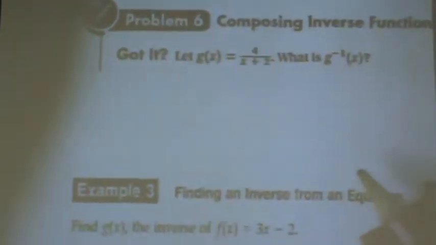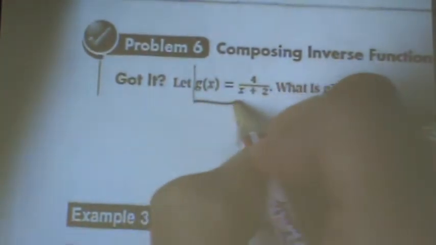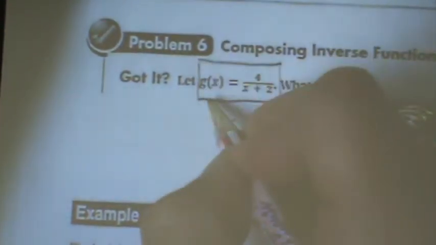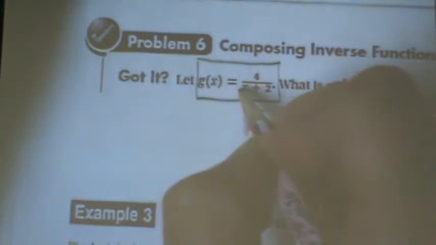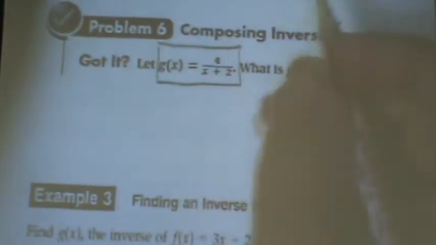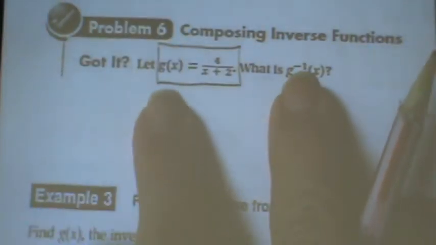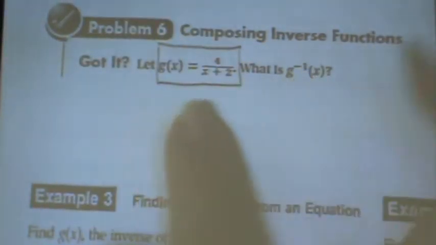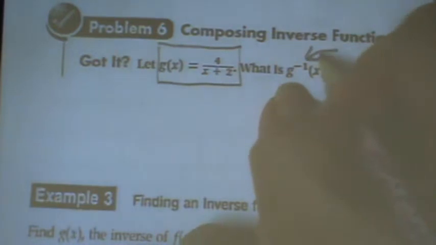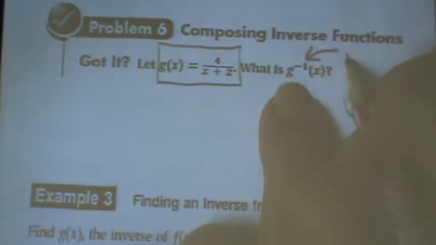Let's do another one of these. They're going to ask you to compute the inverse of a function. Here is a function. It's called g of x is equal to 4 over x minus 2. If you see this notation, what does that mean? This notation means find the inverse. I want the inverse.